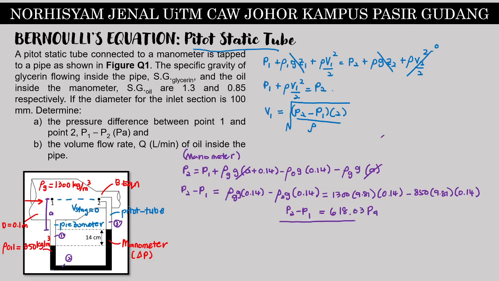Okay, so P2 minus P1 is 618.03 Pascal. So the answer for P1 minus P2 should be the other way around. We change the sign of it, becomes negative 618.03 Pascal.